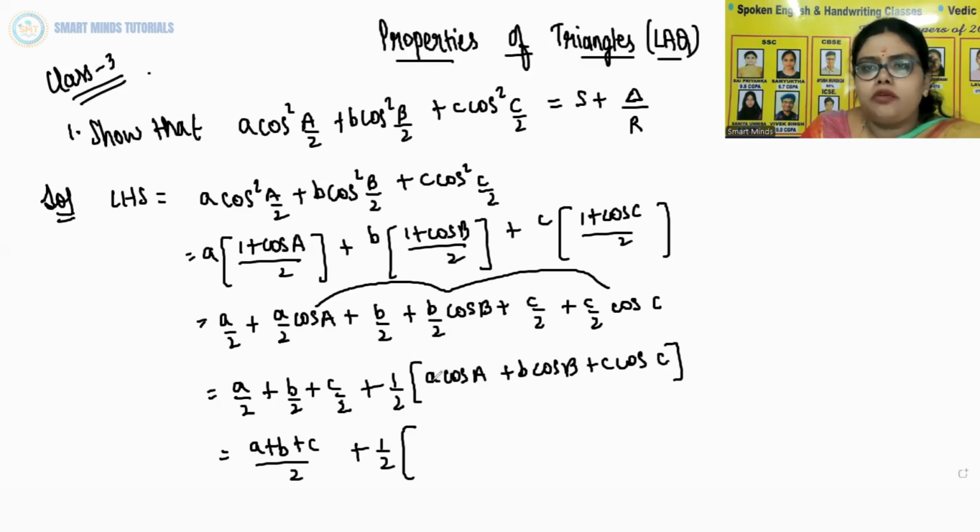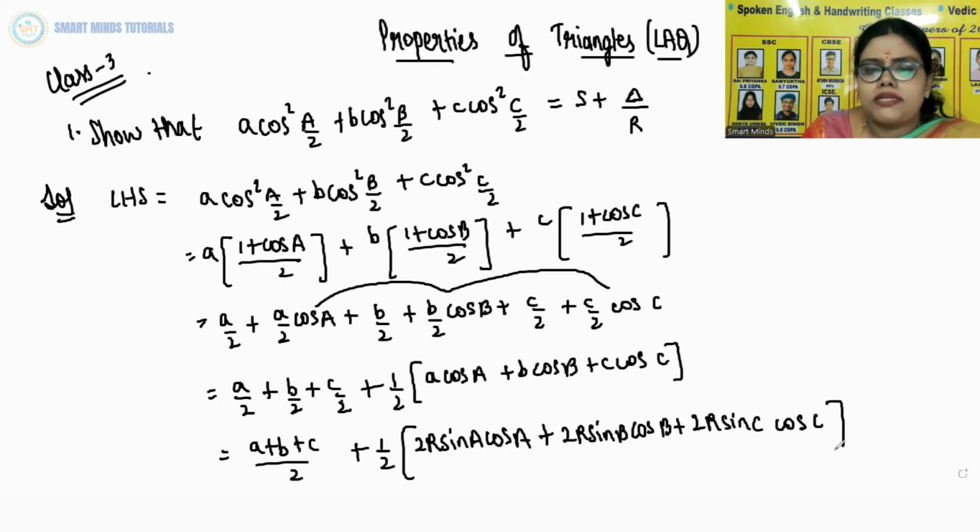Now from sine rule, small a can be written as 2R sin A, cos A as it is. Then b can be written as 2R sin B, then cos B as it is. Then small c can be written as 2R sin C, then cos C as it is.